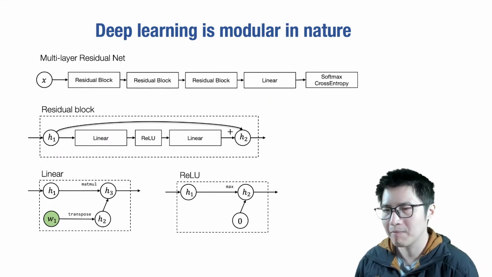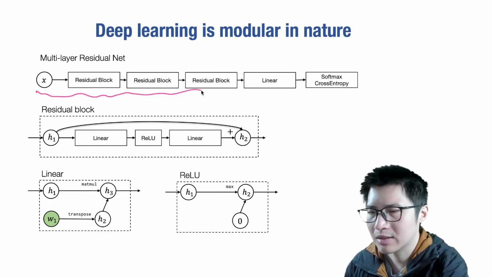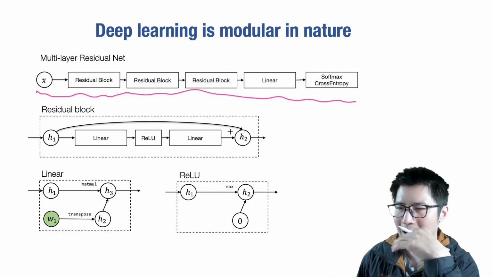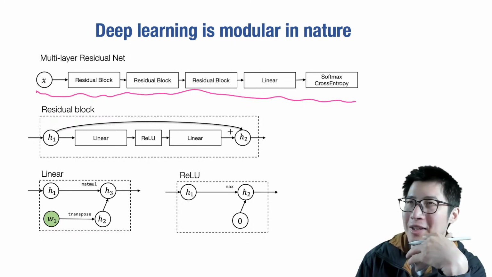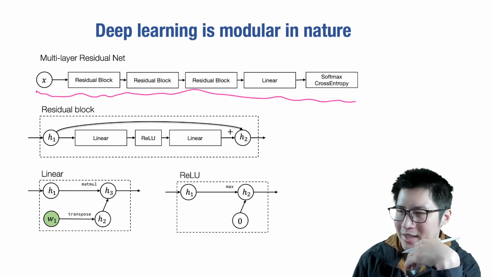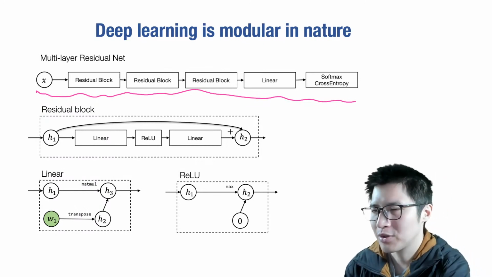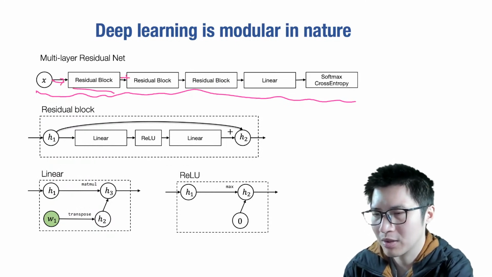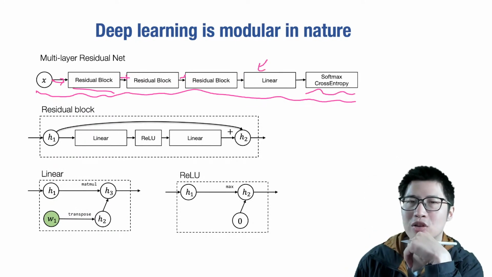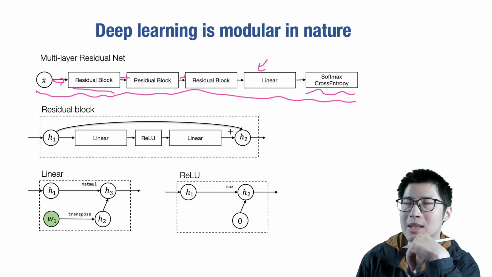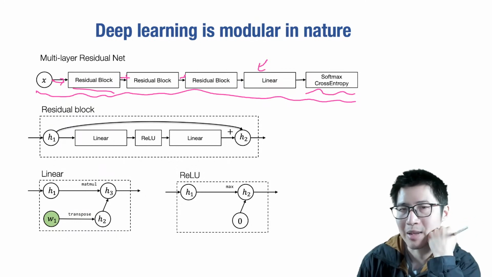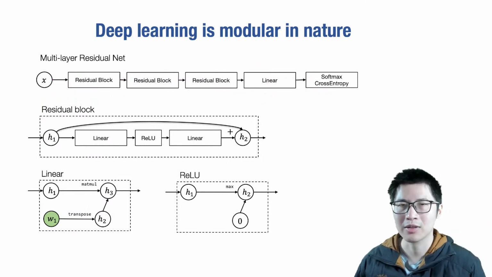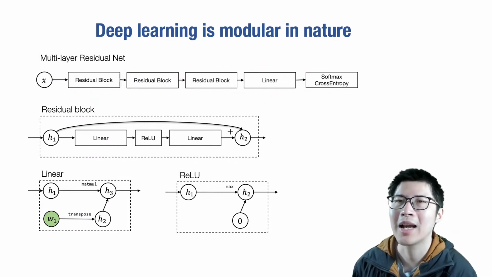This is a visualization diagram that describes what we usually call a 3-layer residual neural network. It contains 3 residual blocks. The input goes into the first residual block, then is fed into the second residual block, and then the third one. Finally, it is fed into a fully connected linear layer. There is a softmax cross entropy that helps us do multi-label classification in a softmax cross entropy fashion.